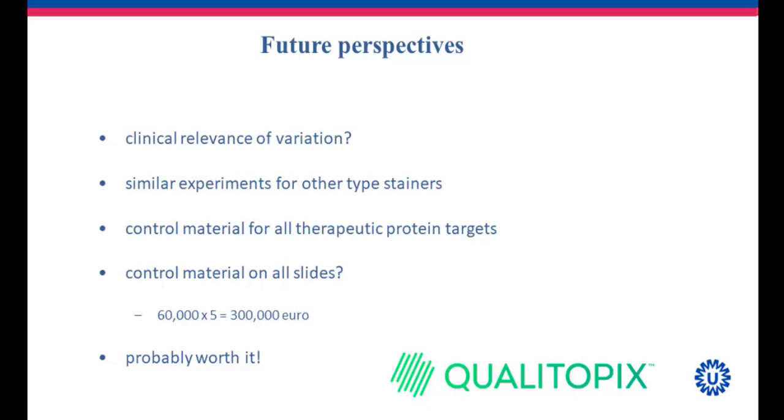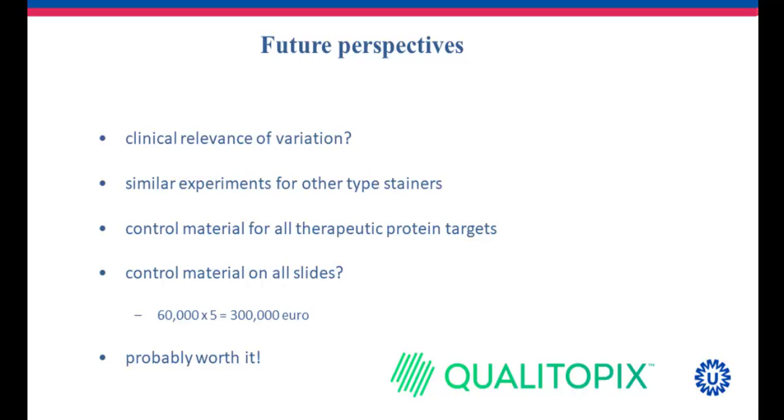And what we're really thinking of is not to do this experiment just once a day with one slide of control cells, but to actually mount these engineered control cells on all the slides from individual patients where we do a staining. Now, the cost of that is about €5 per slide.